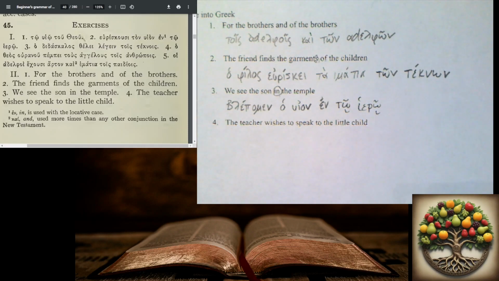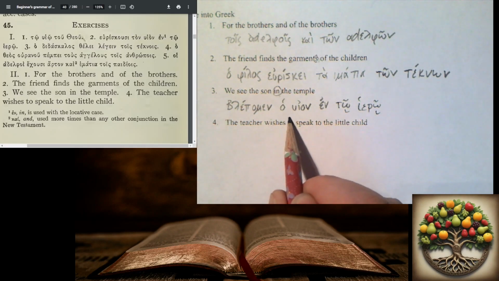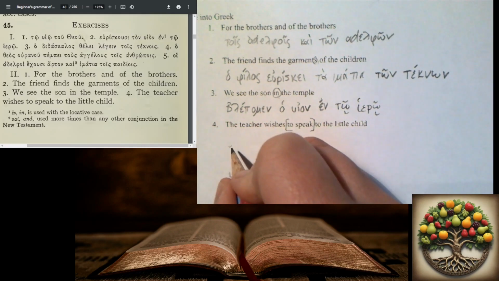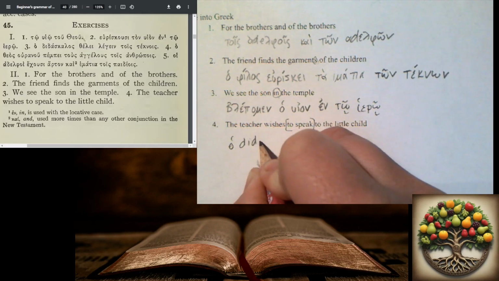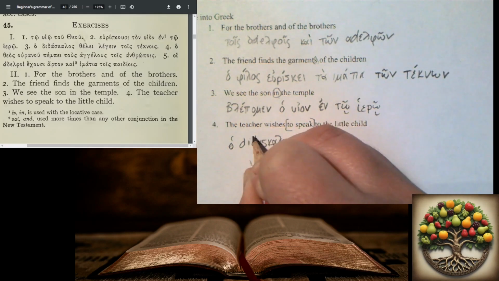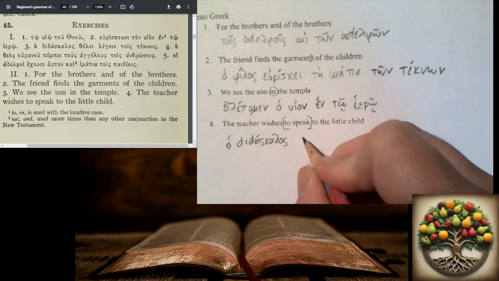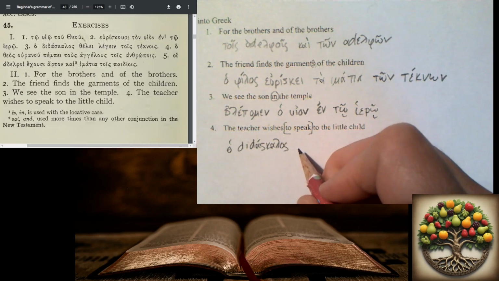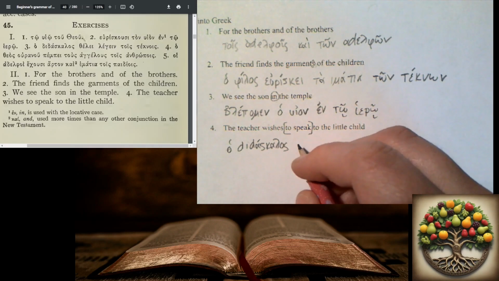Number 4, the teacher wishes to speak to the little child. Okay, so for the to speak, this is going to be an infinitive. I can tell you that right away. So we have our subject, ho didaskalos. We need the word for wish, which is thelo, and we need to put it in the third person singular since our subject is the teacher.